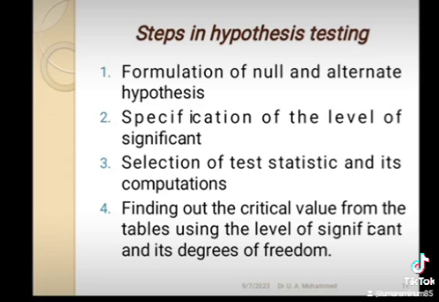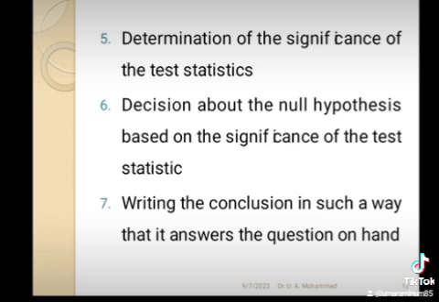Number 4, find the critical value from the tables using the level of significance and its degree of freedom. Then determine the significance of the test statistic by comparing the table value and the calculated value. Decision about the null hypothesis is based on the significance of the test statistic. Then you write your conclusion in a way that answers the question at hand.